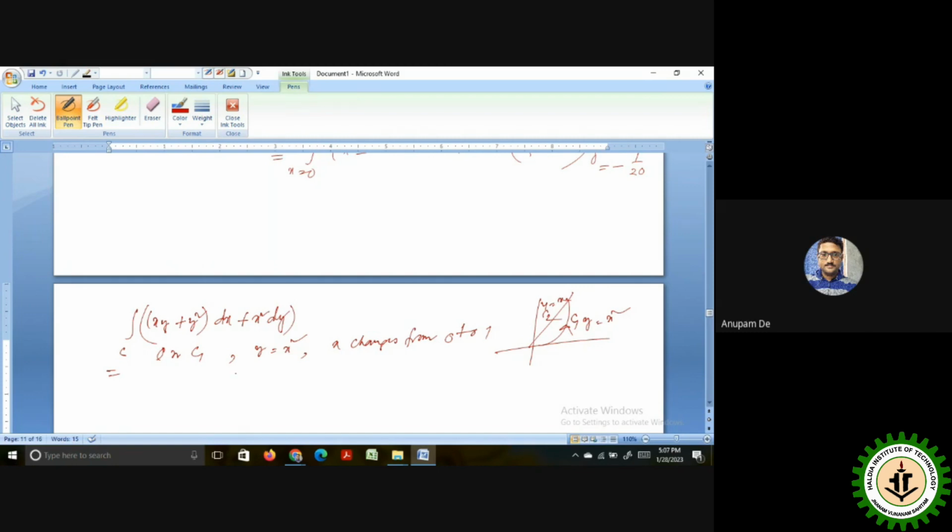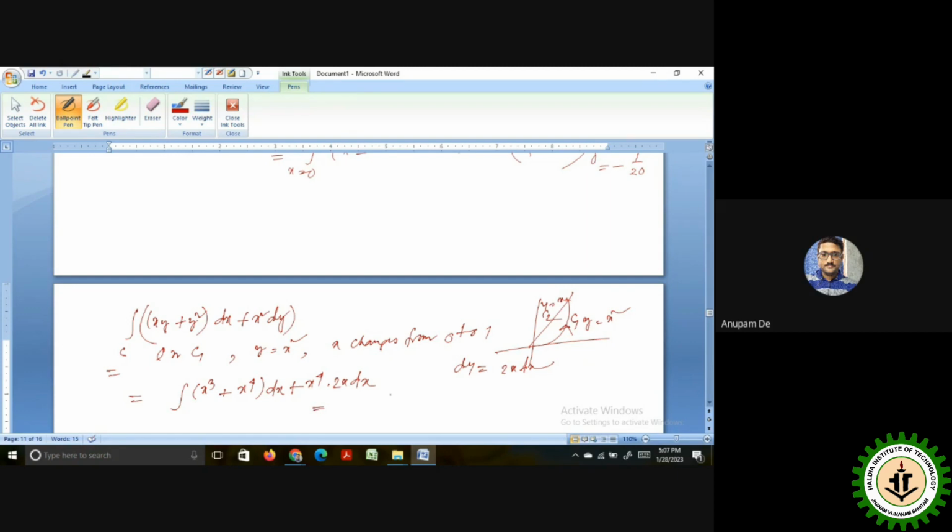So I am converting everything in terms of x, so that dy will be equal to twice x dx. So here, with y equal to x square, this will be x cube plus x to the power 4 dx plus x to the power 4 into twice x dx, right?